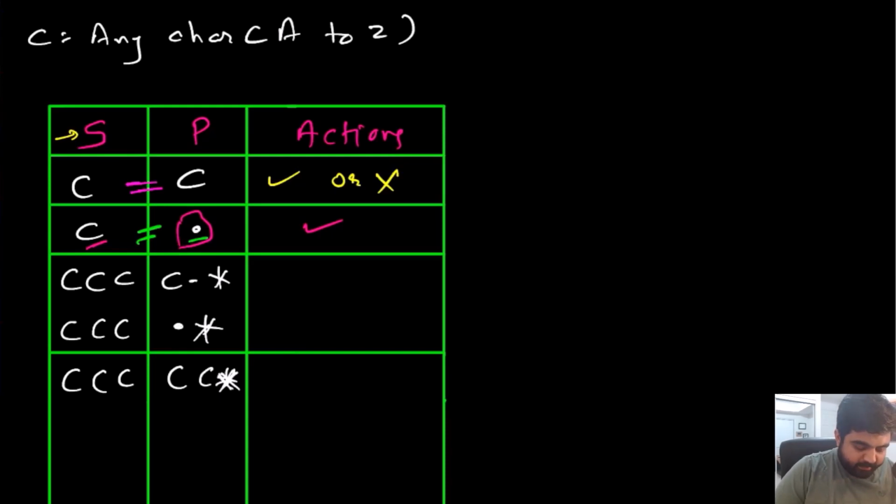Second scenario is that we could be given a bunch of different characters at the beginning, and then we might be given a dot and a star. In this possibility, what we need to check is whether a single character, like this first character, could represent more characters.